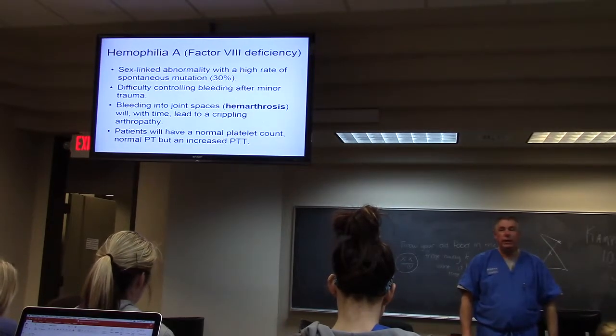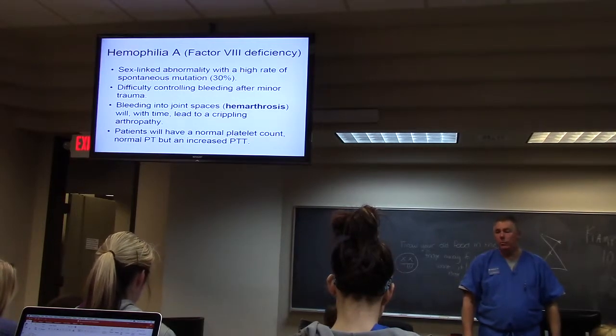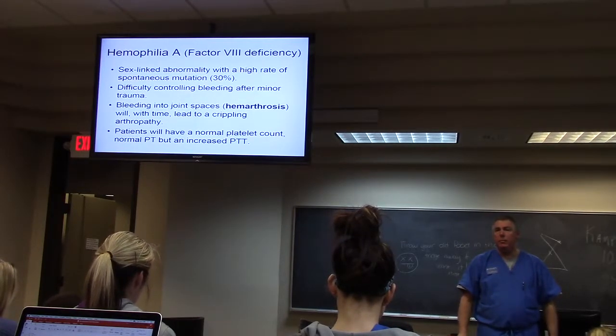However, 30% of hemophiliacs with A, it's spontaneous, so some of those can be females as well. But generally, it is a male disease.